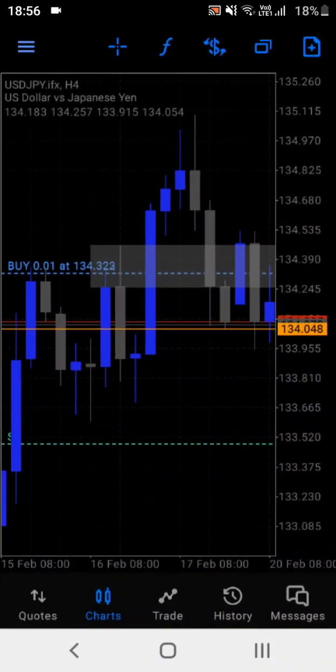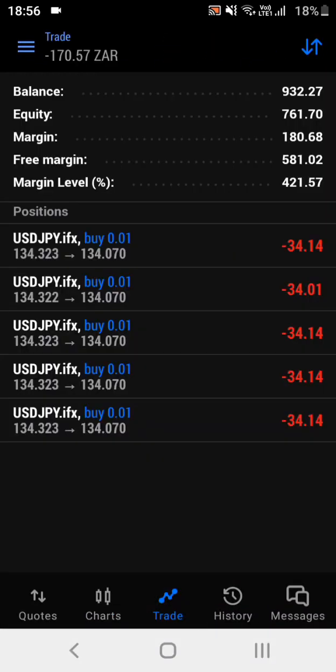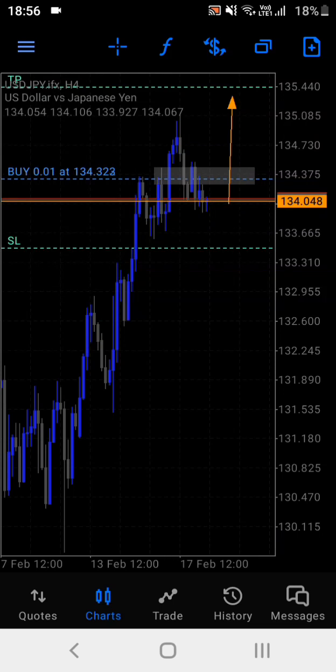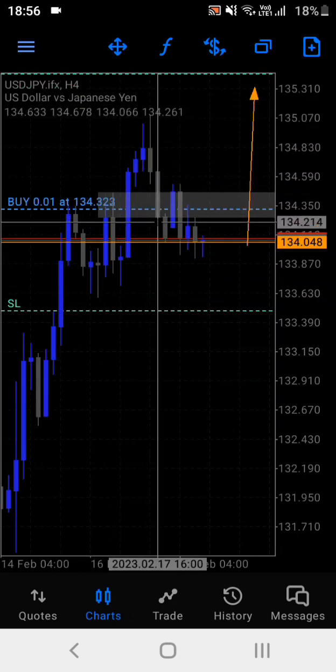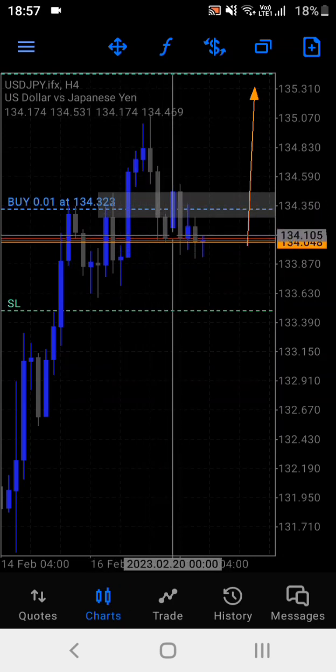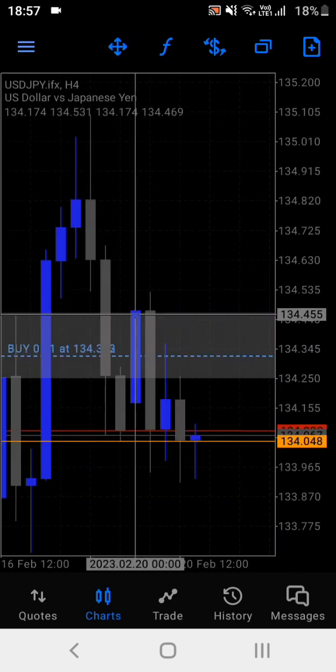Let me give you an example right here. This is the exact same situation, right? We have a break and then a retest, and then we are expecting the market to buy again. So we experienced a break right here.